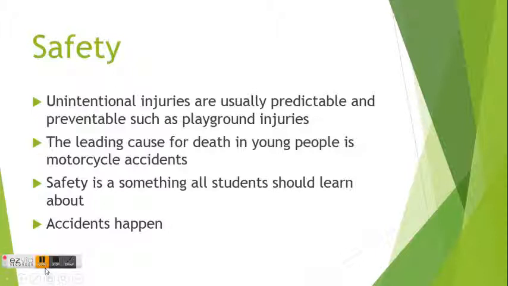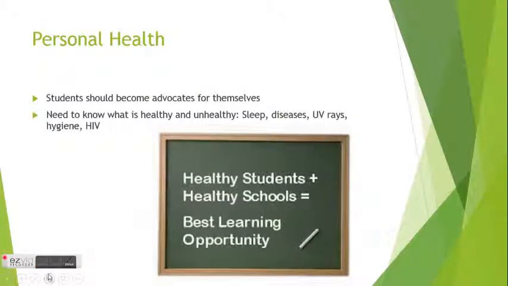Thankfully, unintentional accidents at school are fairly uncommon, but things such as playground safety should be enforced, and most unintentional injuries are preventable. Students need to understand that personal health is also a major concern for their physical well-being, and they should be their own advocates.